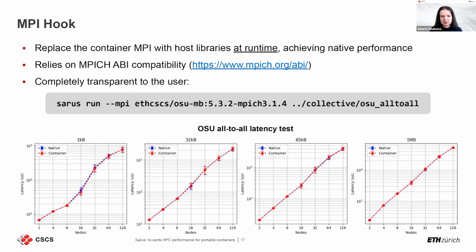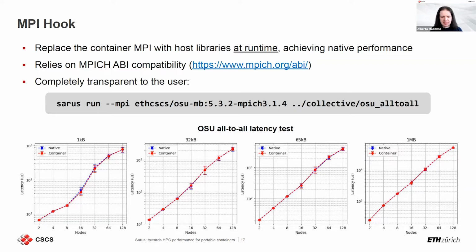All these operations happen in a way that is completely transparent to the users and only require a command line option to the Sarus run command, which, as you can see in the slide, is --mpi.